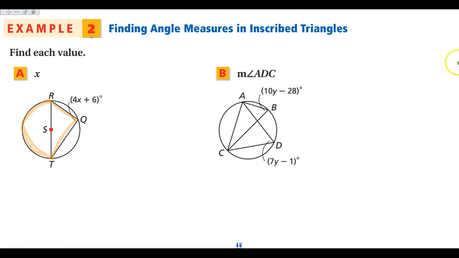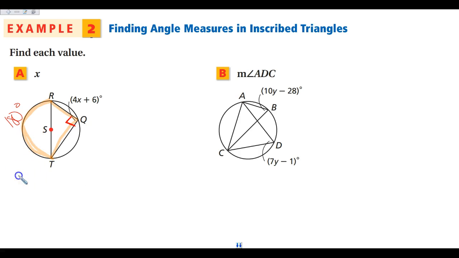You should notice that because segment RT is a diameter, this is a semicircle, so it's 180 degrees. So that means that the measure of angle RQT is half of that. So this angle is going to measure 90 degrees, because 180 divided by 2 is 90.